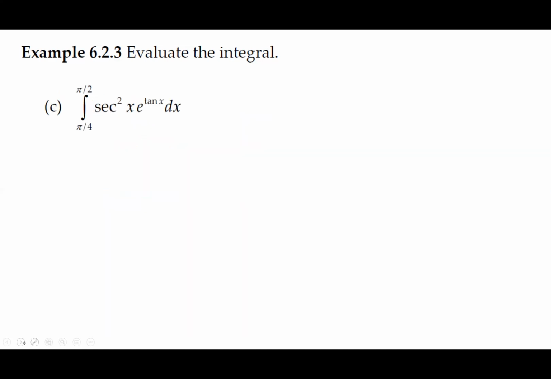All right. And let's look at one more here. Secant squared x e to the tangent x. So again, you may notice we have a nice u substitution, nice review from Calc 1. So derivative of tangent, of course, is secant squared. Okay. And then, you know what, I apologize here. I want to actually quick change my limits here.